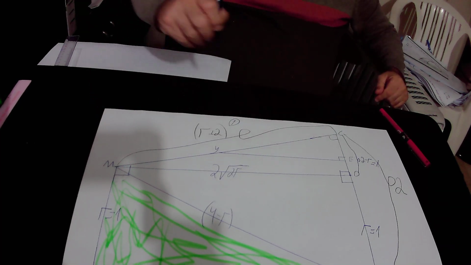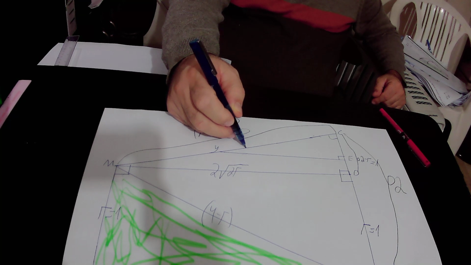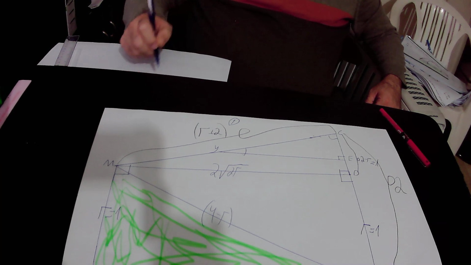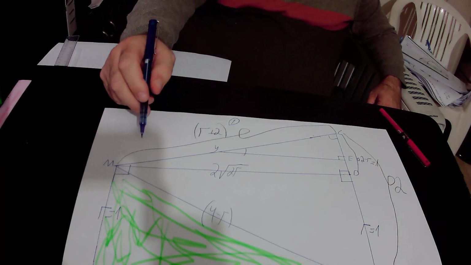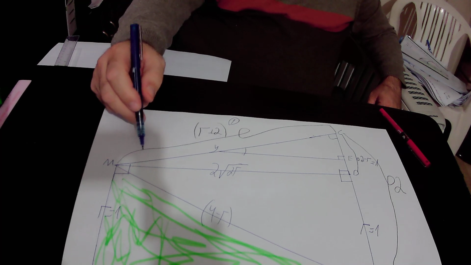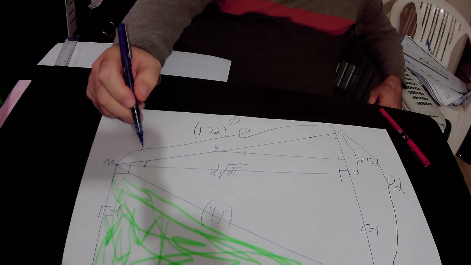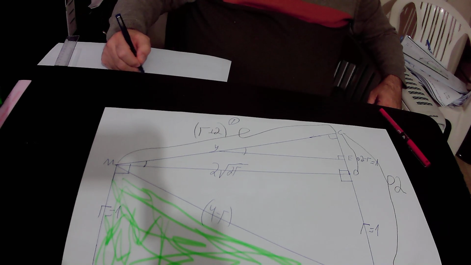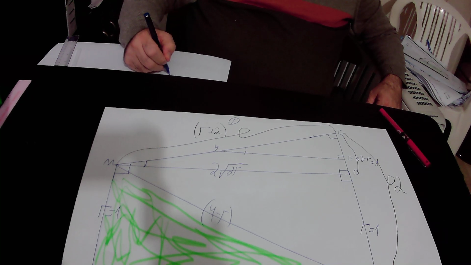So this angle, angle CYE in triangle CYE, is equal to this angle, angle CMD in triangle CDM, and they are equal to each other according to the third angle theorem.